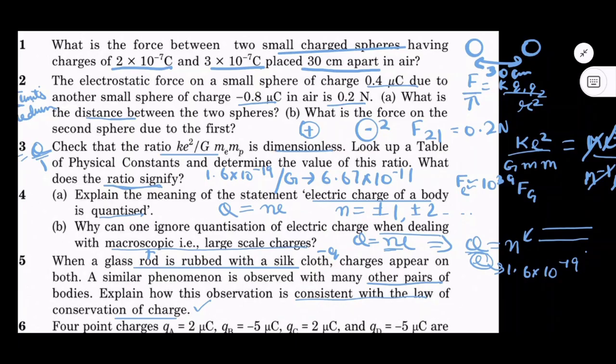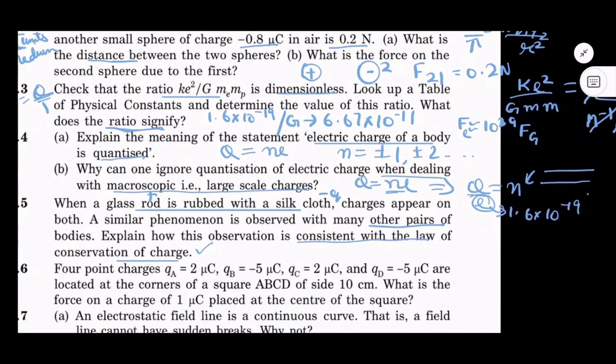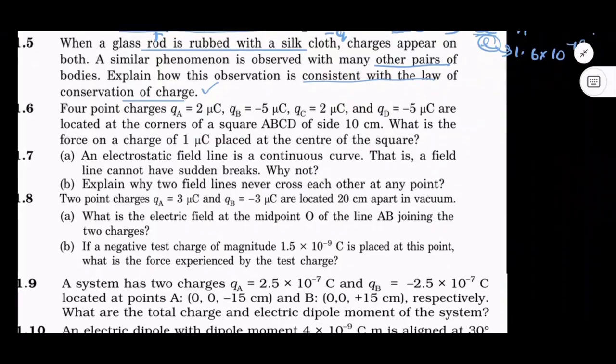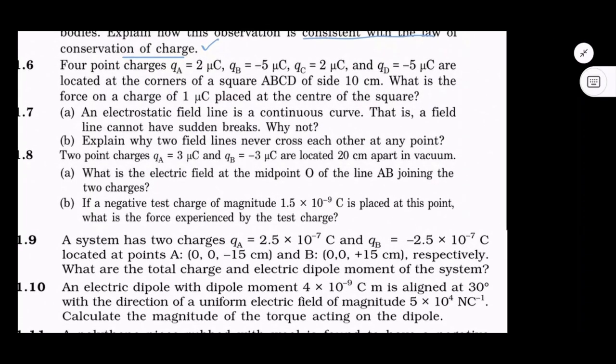So let's move to the next question. Now we have 4 point charges A, B, C, D located at the corners of a square. So let us draw the diagram.